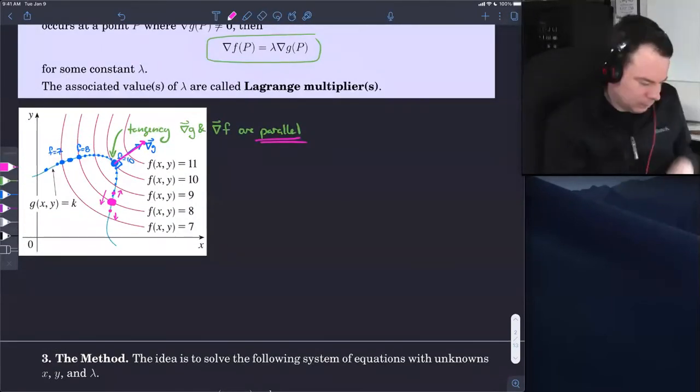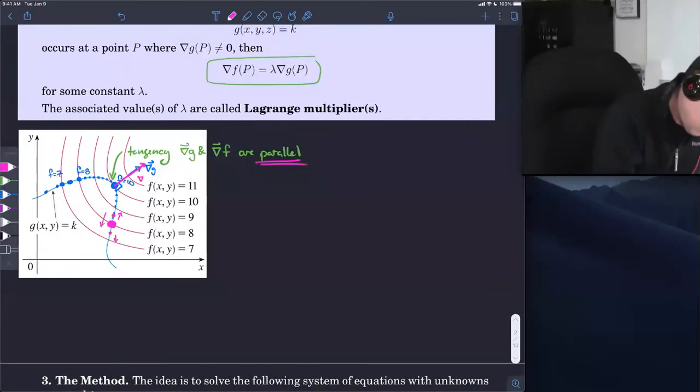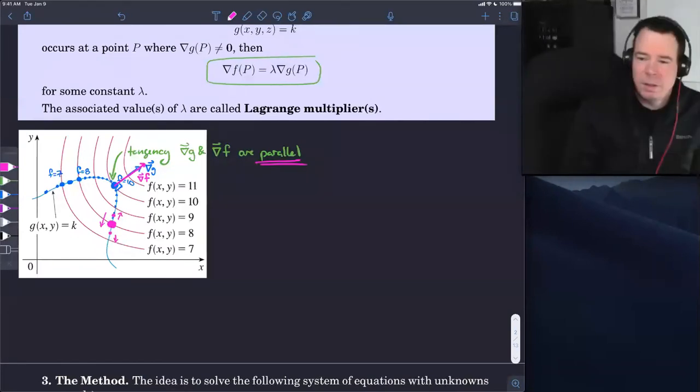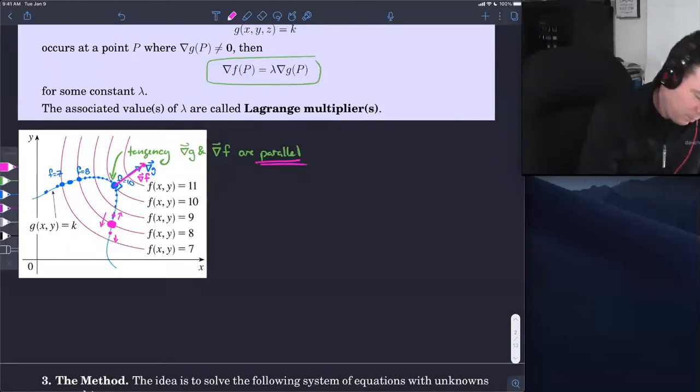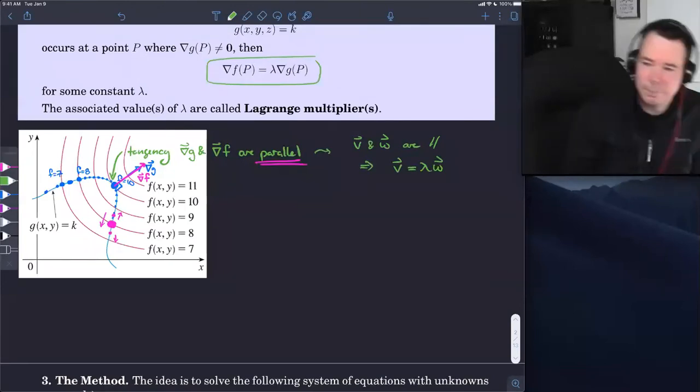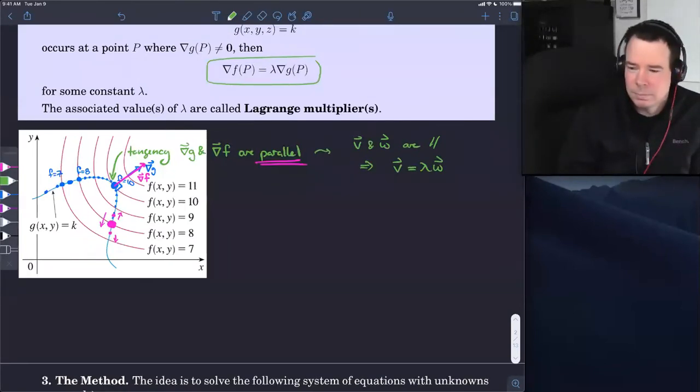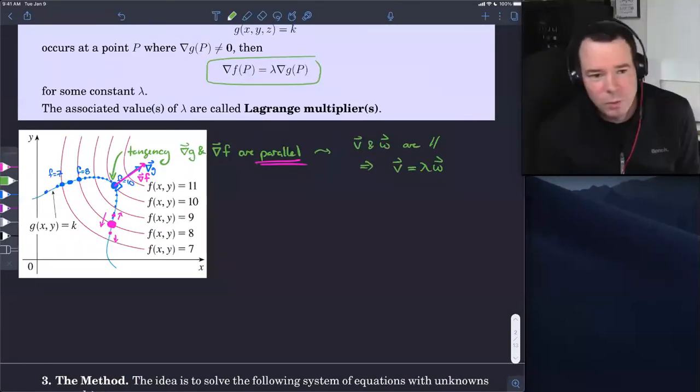Okay, so when you say parallel, that means that they're not always collinear. They could actually be just parallel to each other. Well, collinear and parallel, do they not mean the same thing? Parallel just means that V and W are parallel, these are vectors, so V is some multiple of W. Collinear is usually a term in reference to points.